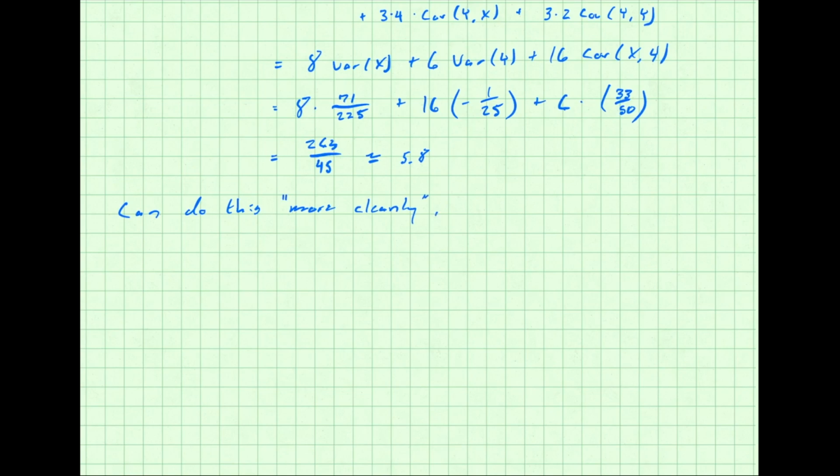Right, so let's do the following. Let A be a column vector, A1, A2, down to An, and B also made out of those constants, B1, B2, down to Bn.